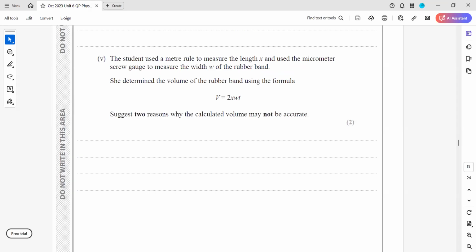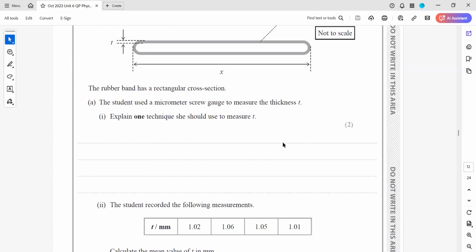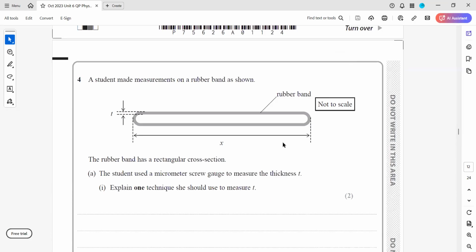So what could be the reason, as a student uses this formula, that the calculated volume may not be accurate here? If you see the original question, this is x, the total length, t is the thickness, and w is the cross-sectional width.